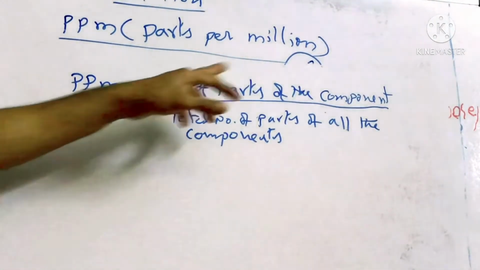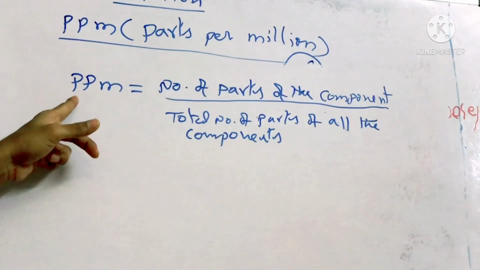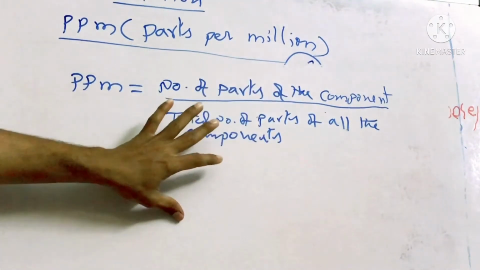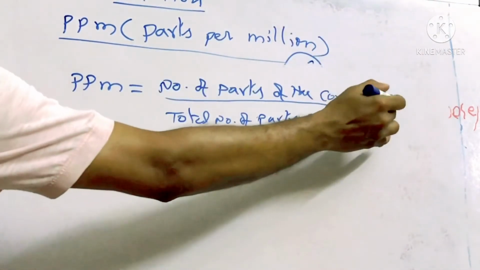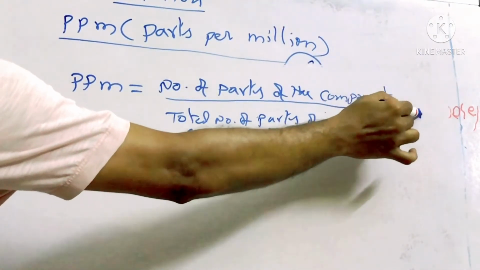So the number of parts of the particular component whose concentration you want, by the total number of parts of all the components. Since we want per million, you multiply with 10 power 6.